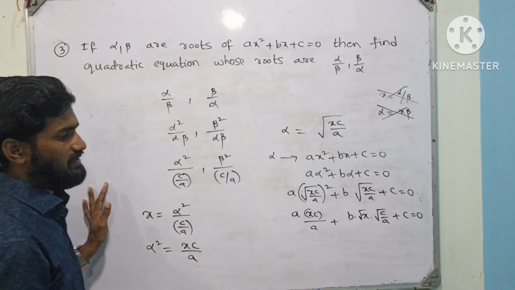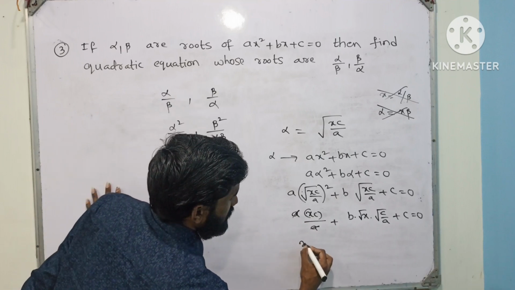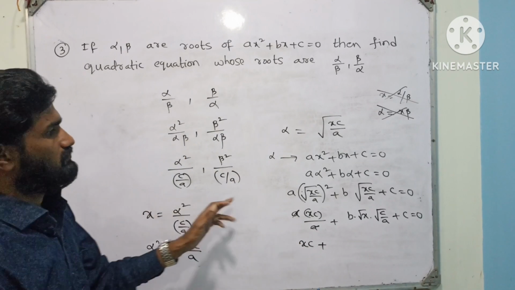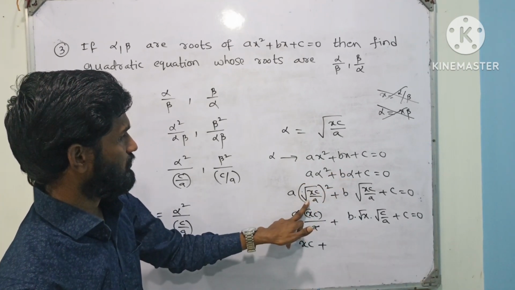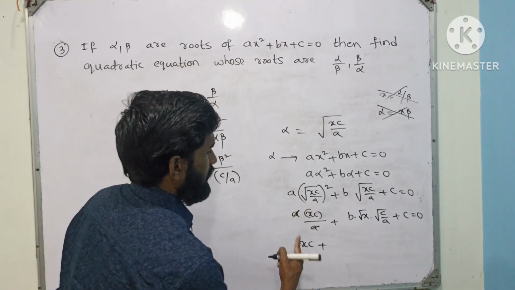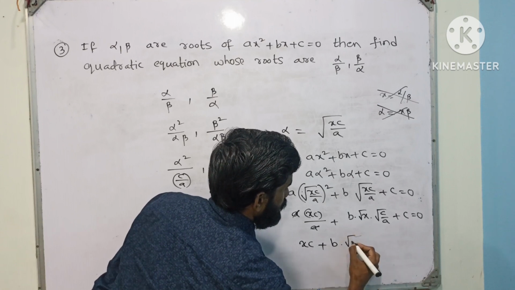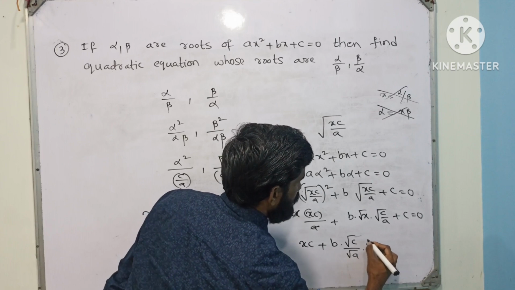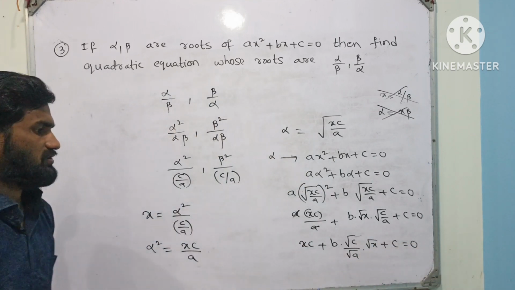Now if I take LCM, no need to take LCM also, here a cancel. So which is nothing but xc plus b alpha square, xc plus b into root c by root a into root x plus c, which is equals to 0.